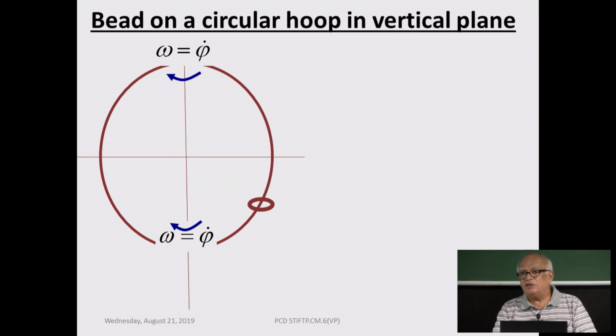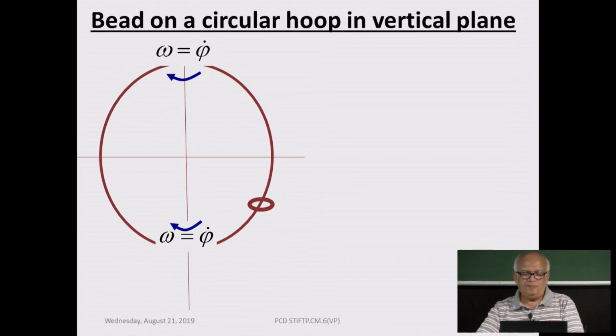But then there is also a force of constraint, because the bead can only slide on the hoop. So, the hoop will have forces of constraints. The bead is constrained to slide only on the hoop. The bead cannot leave the hoop and simply fall down due to the Earth's gravity. It can only be sliding along the hoop.